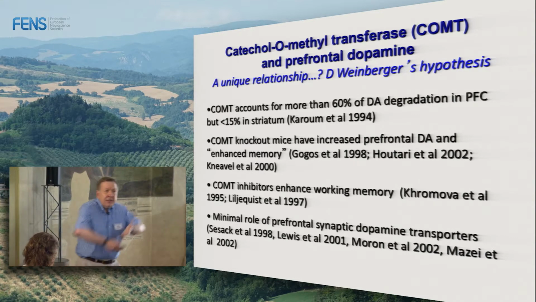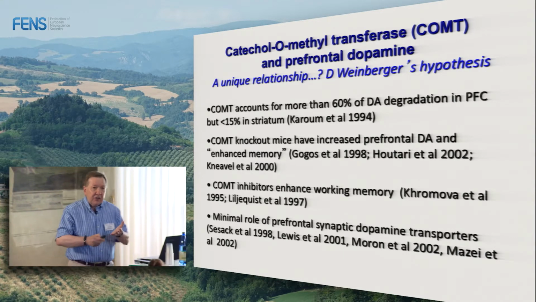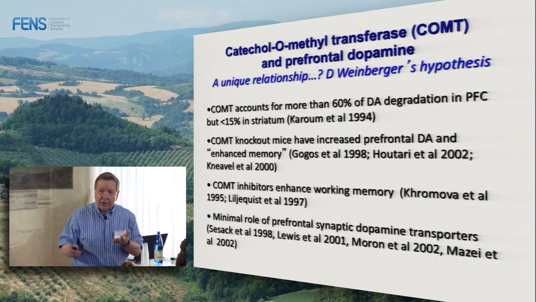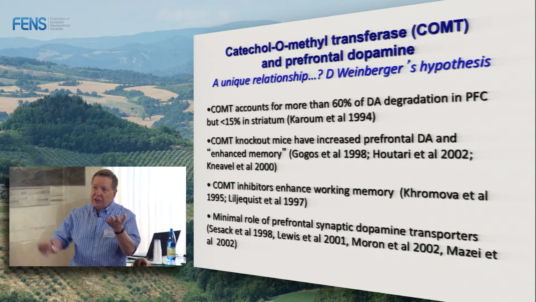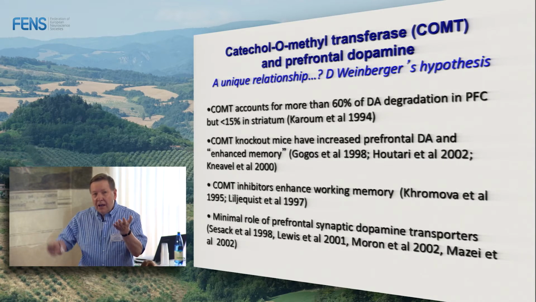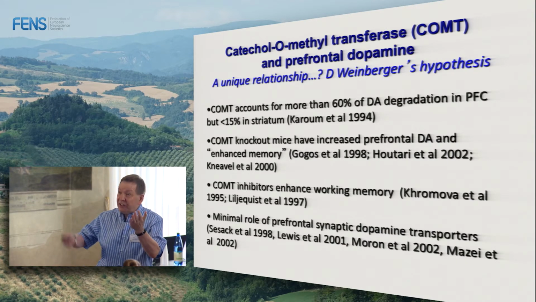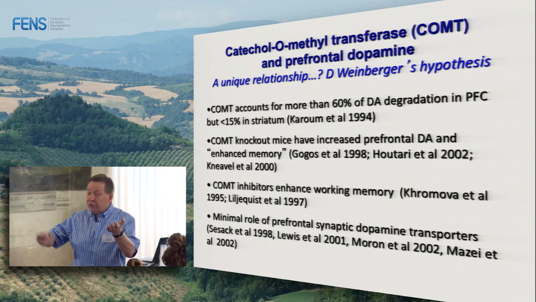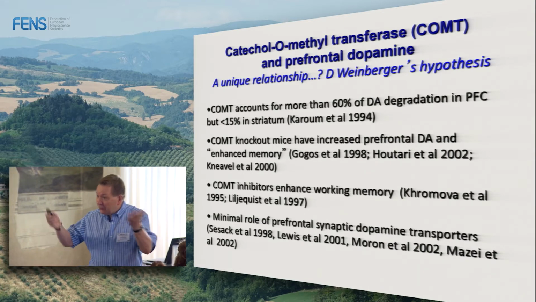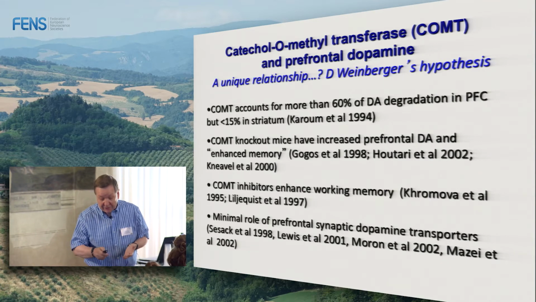So in the normal population, it's been hypothesized by Weinberger that you will see changes in cognitive function as a function of their genetics, of their catechol-methyltransferase enzyme. It's quite an amazing prediction when you think about it.